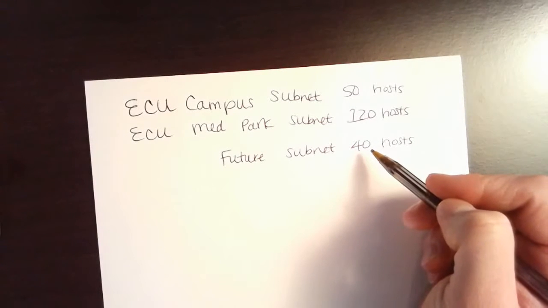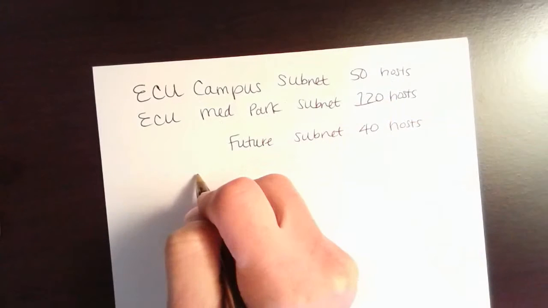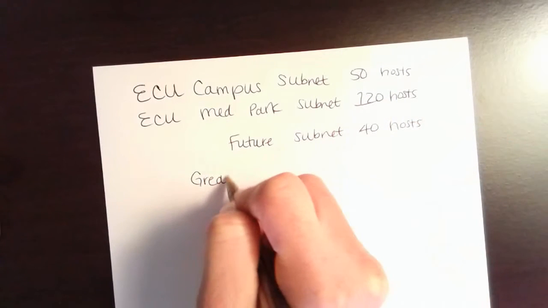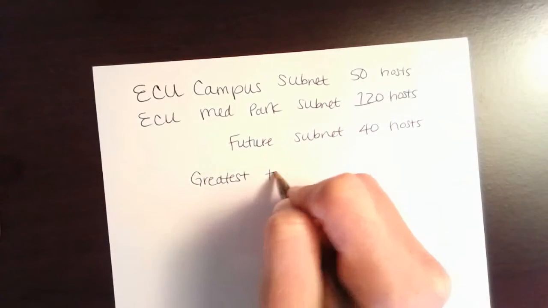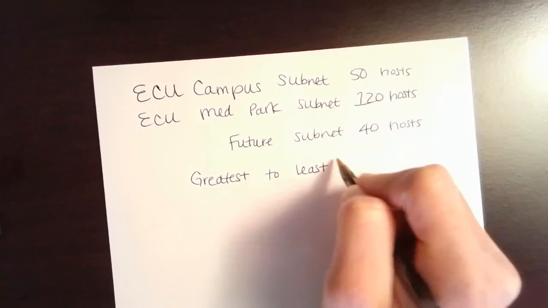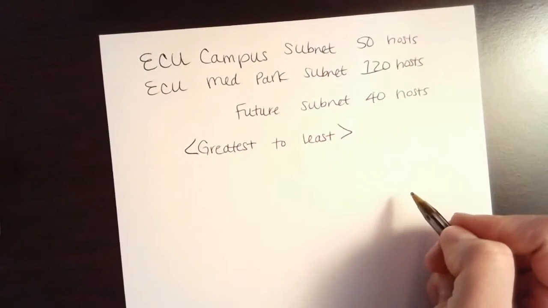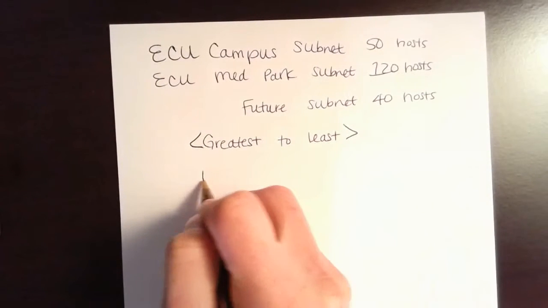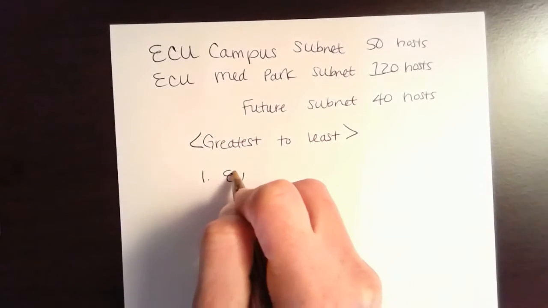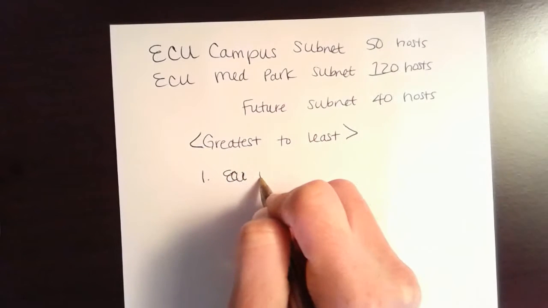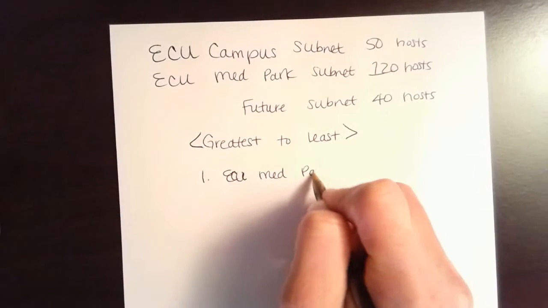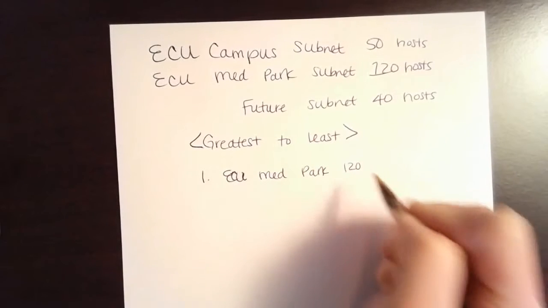We need to reorder it, remember, from greatest number of hosts needed to least. So the first thing we need to do is reorder this. First, we're going to do the ECU Medical Park because it has 120 hosts.